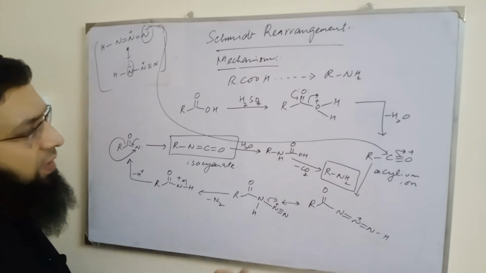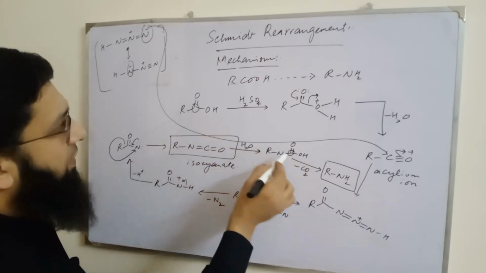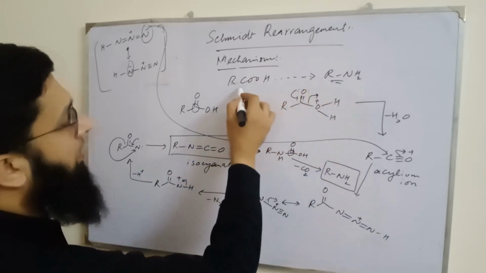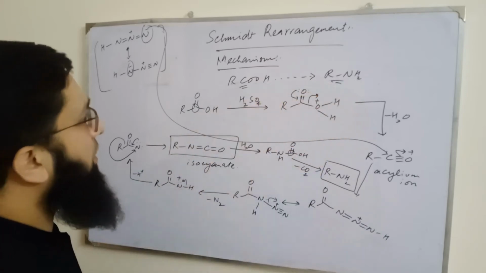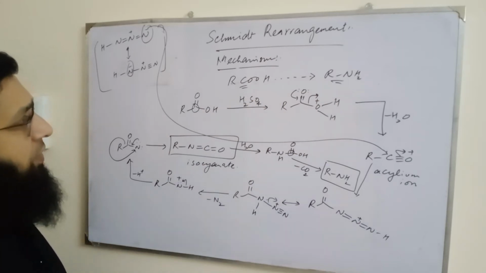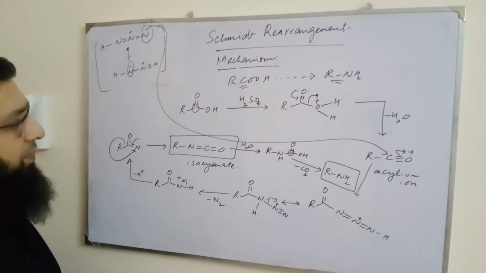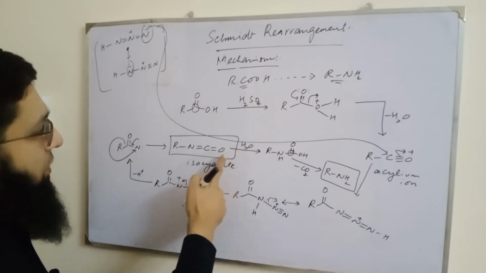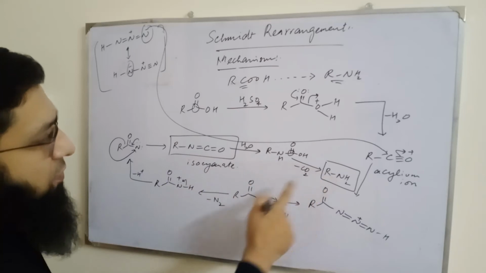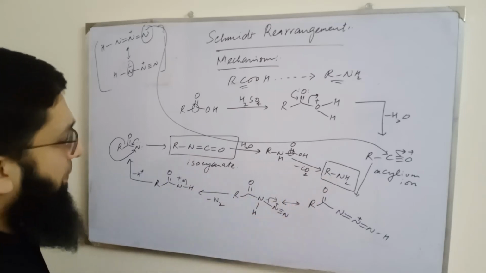So we can see here again we have one carbon short in the product amine as compared to the starting carboxylic acid. So this was the conversion of carboxylic acid to amine, and in this case we have added water to isocyanate to form the corresponding amine, which involved the loss of carbon dioxide.